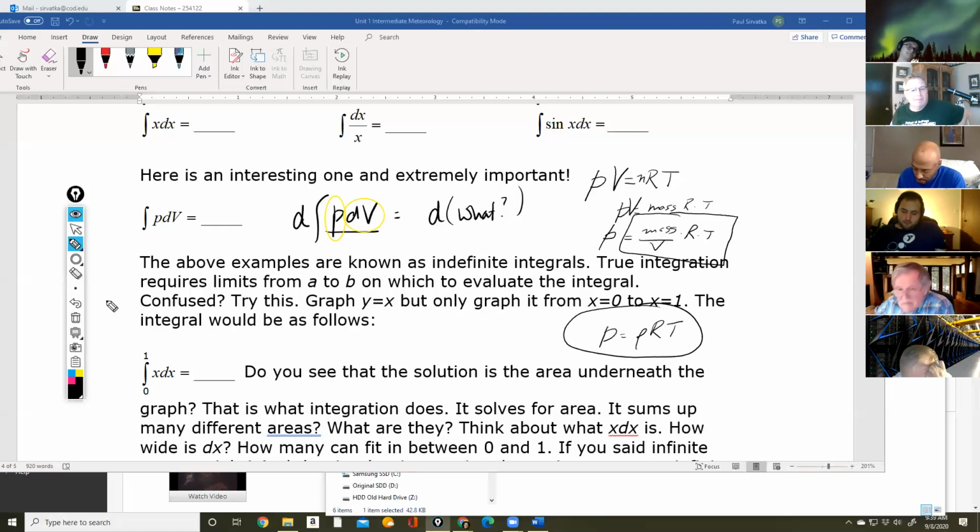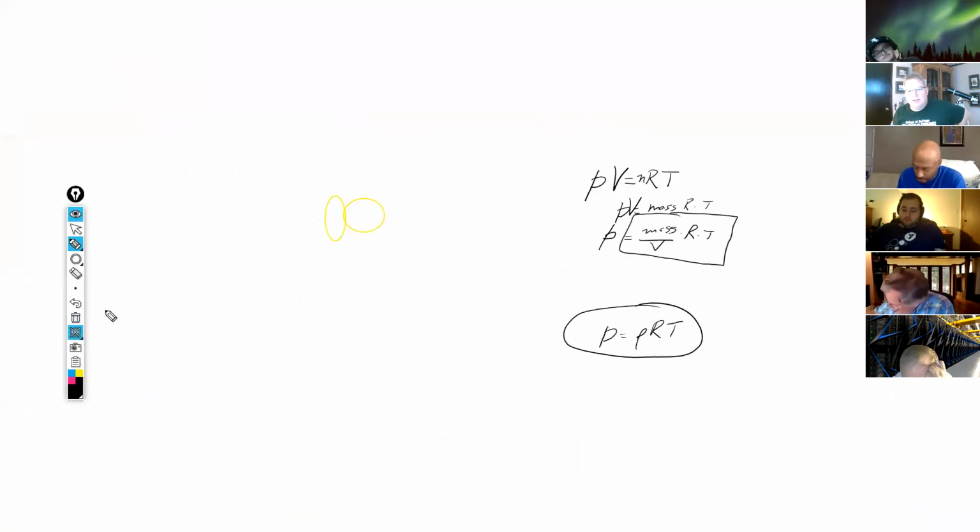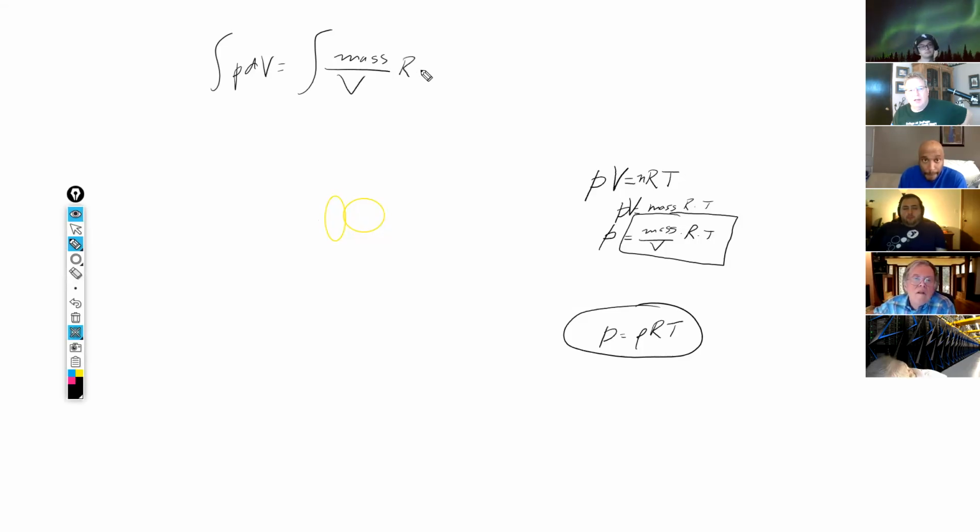And what I can do is integrate pressure times the change in the volume. But do you agree that pressure is mass over volume times R times T times the derivative of volume? Okay?